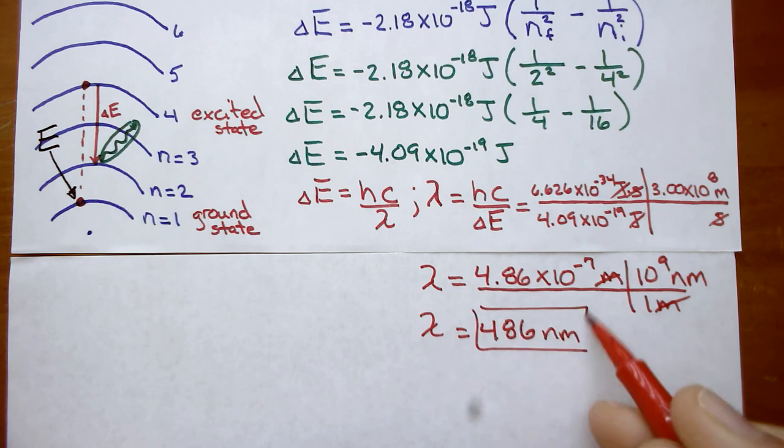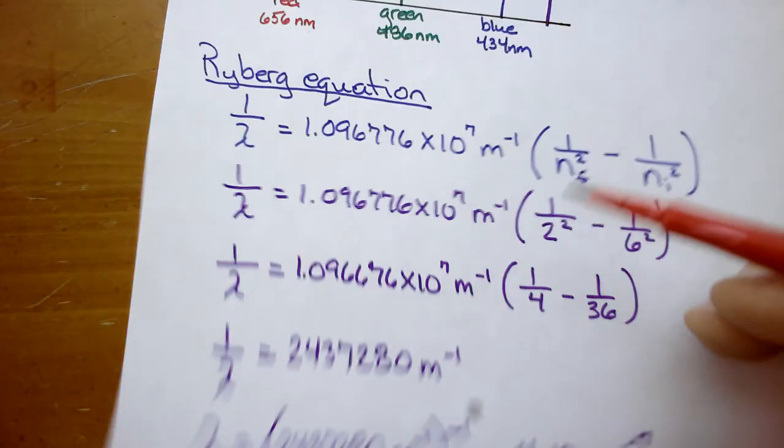Now that value, if we look back, that value is this equation, this value right here.